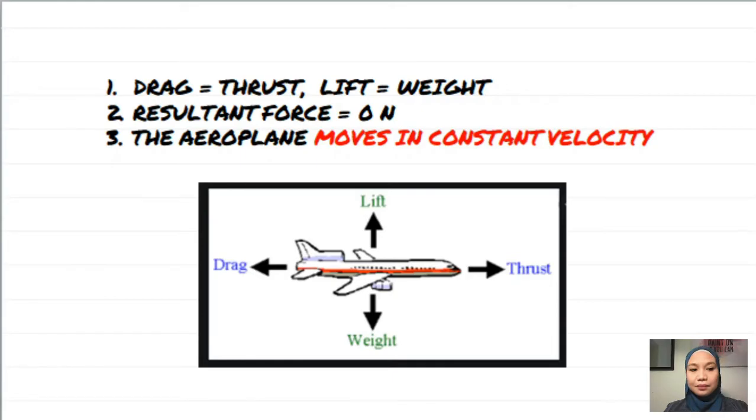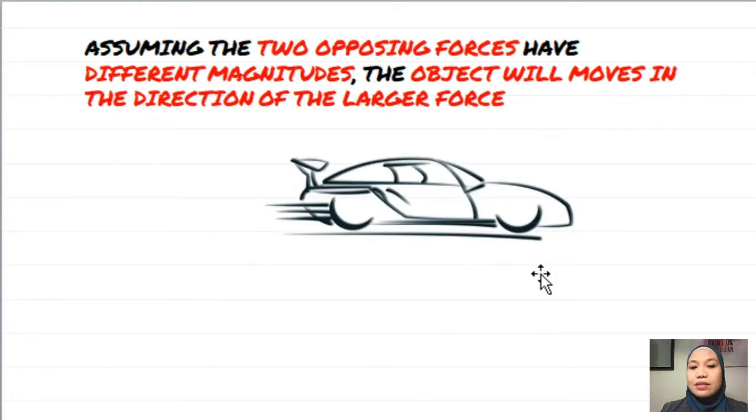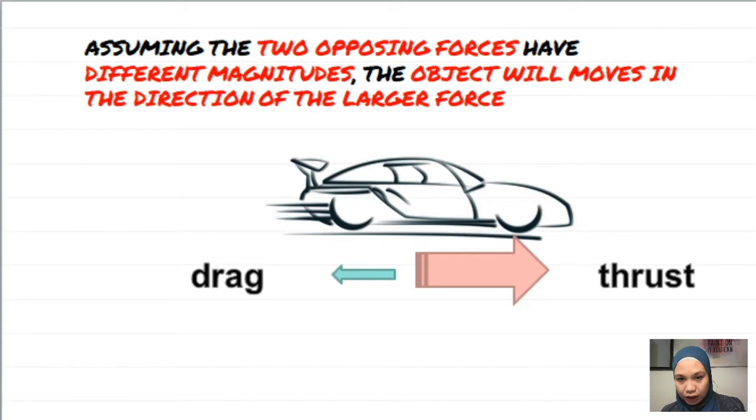Assuming that there are two opposing forces which have different magnitudes, the object will move in the direction of the larger force. Alright, so let's say we have a car here. For the car, we will discuss the forces which act on the x-axis. So what are the forces which act on the car? They are drag and thrust.